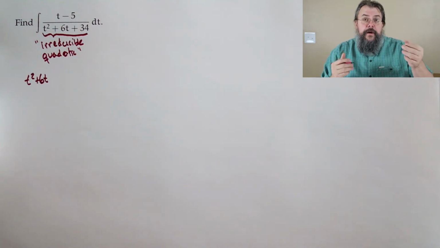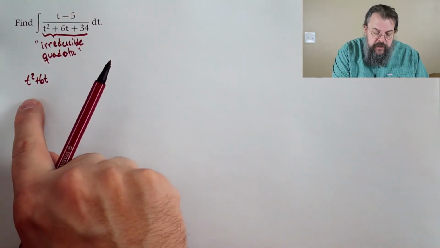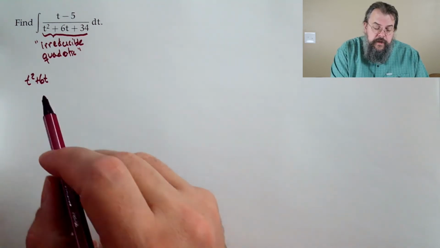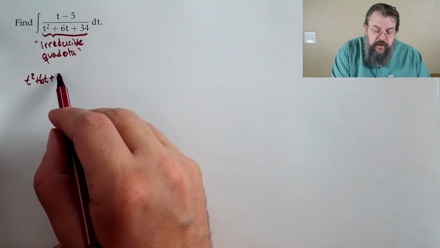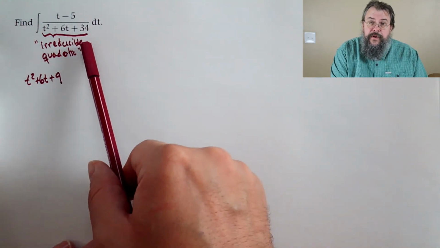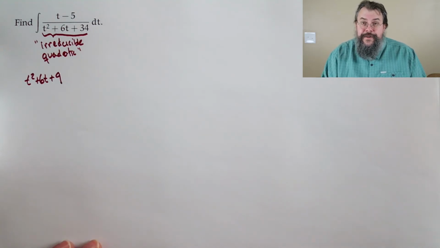So completing the square would say, what do we need to do? Well, because we have a t squared, that's good. So take the middle term, divide by 2, and square it. Well, that would be 3 squared, which means 9. Now, I need to get up to 34. I have 9. How much is left? 25.